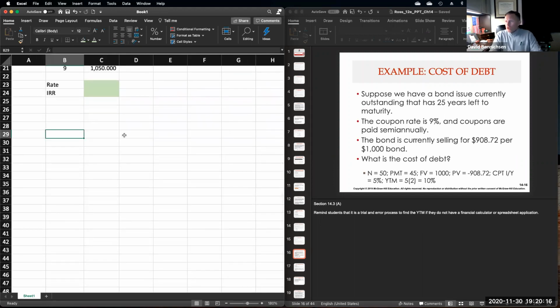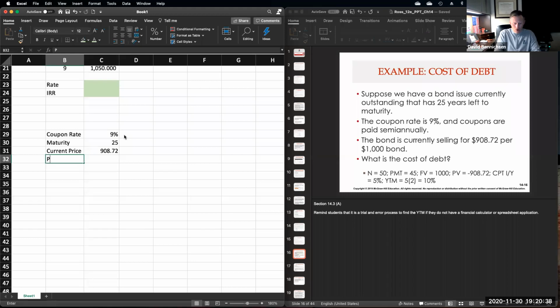All right. So we have the coupon rate, just doing variables here. 9%. We have maturity of 25. We have current price of 908.72.